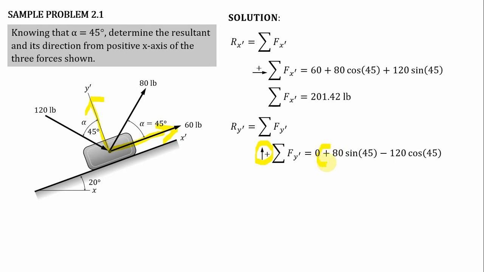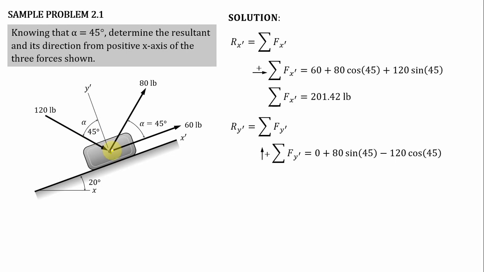Kaya, positive to. And then, how to solve the vertical component of 80 pounds? That is using 45 degrees. That is 80 sine 45 degrees. So that's why ganyan yan. And then, yung 120 pounds naman.